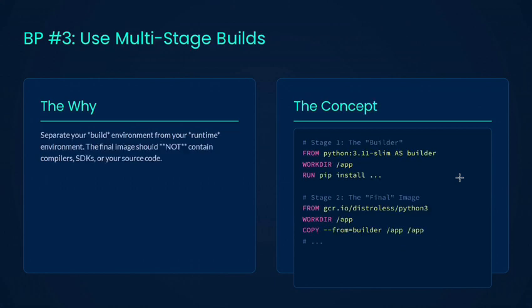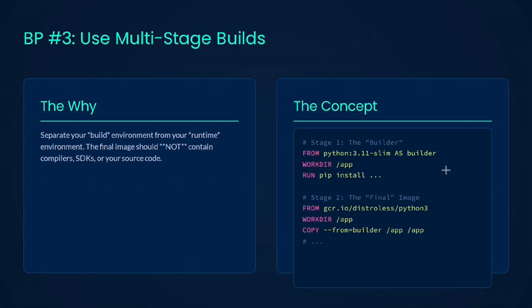And use multi-stage builds. What does it mean? This is the key to getting those tiny secure images. A multi-stage build separates your build environment from your runtime environment. Look at the concept in stage 1, which we call builder. We will use a full Python image. We install our compiler.